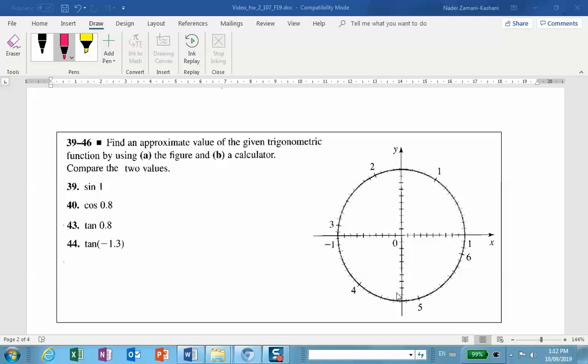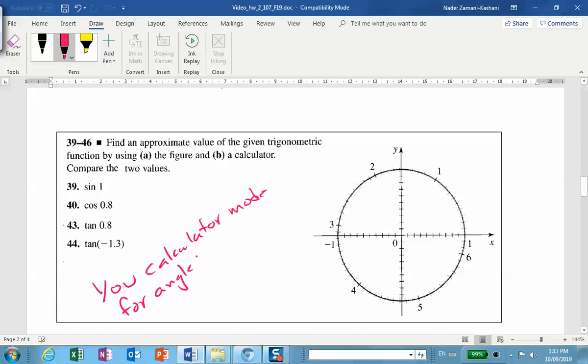Problems 39 through 44, the first thing that you do is set your calculator mode for angle must be in radians.